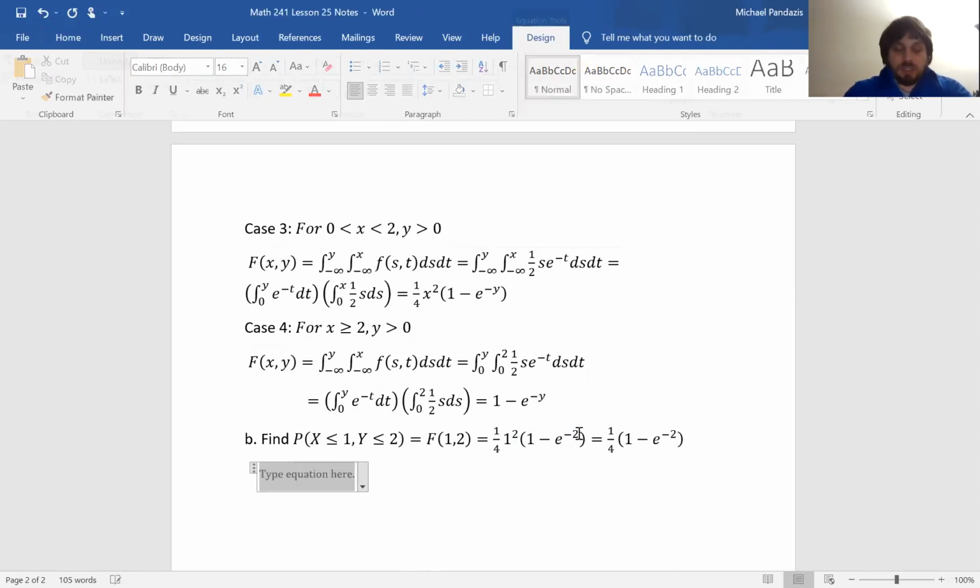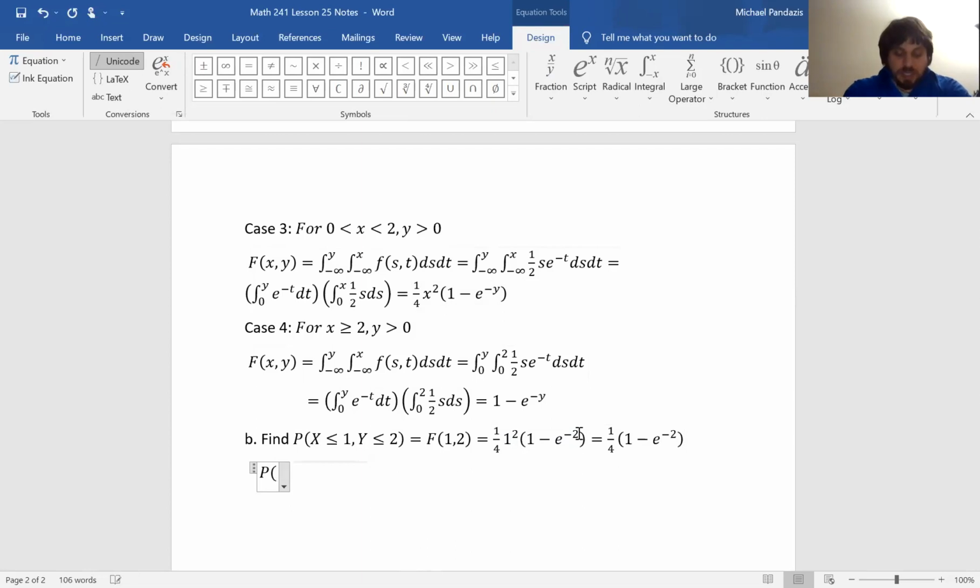For the next one, we want to find the probability that 1 is less than or equal to x, less than or equal to 2, and 3 is less than or equal to y, less than or equal to 4. So for this, we're going to double integrate.